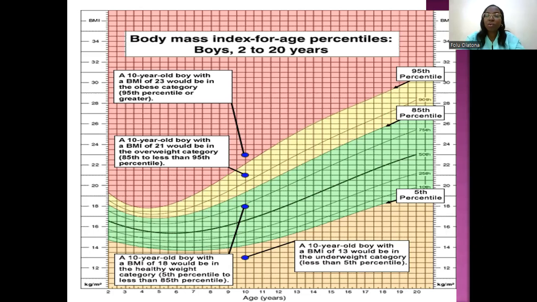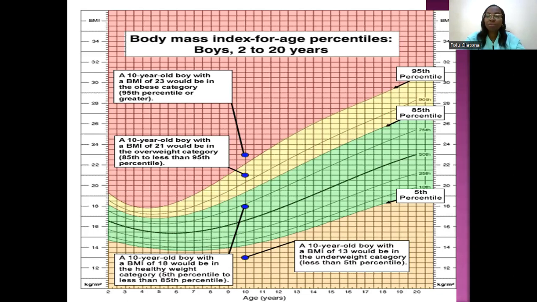Okay, so when you pick the child in your own clinic and you plot the height and weight, you can see a blue point. That's an intercept. In one particular visit, you can even assess if that child is okay or not. Just one visit, one blue dot.